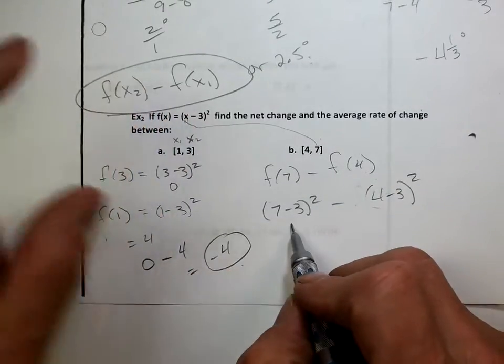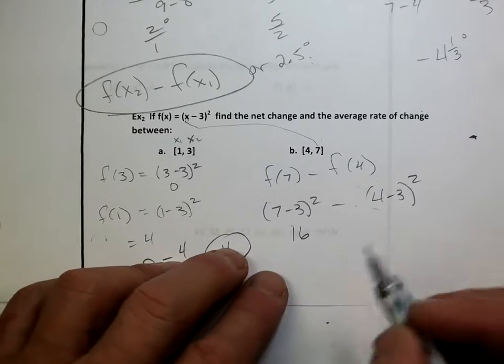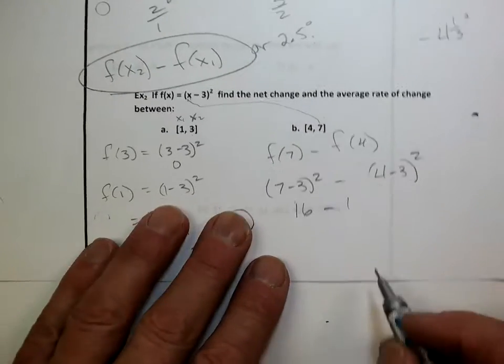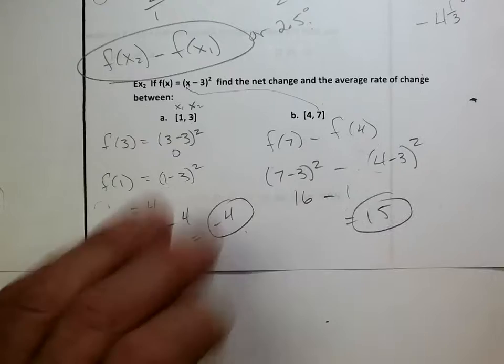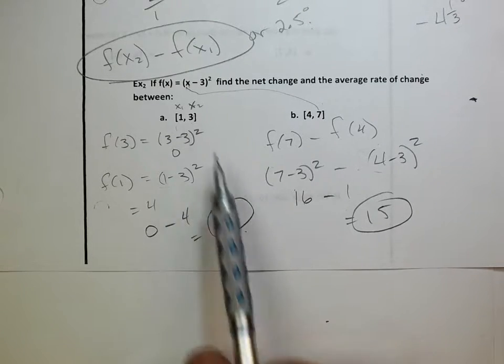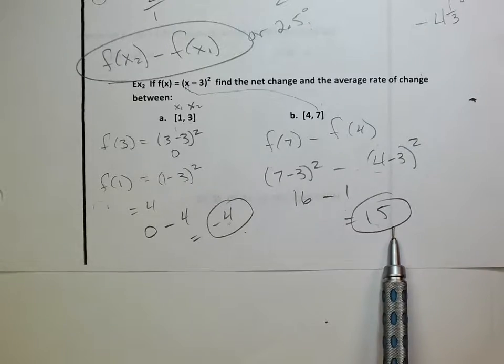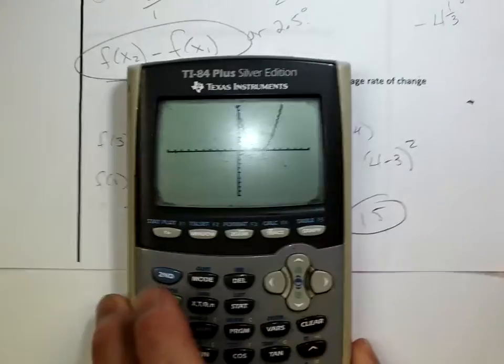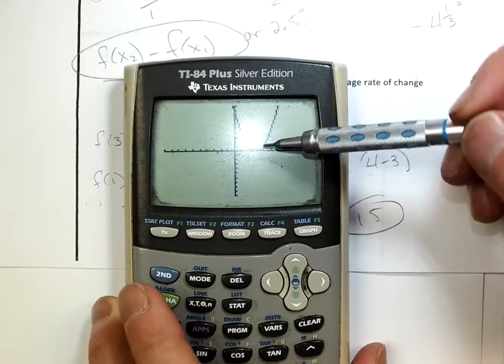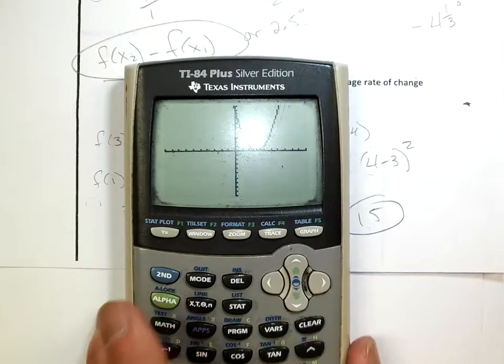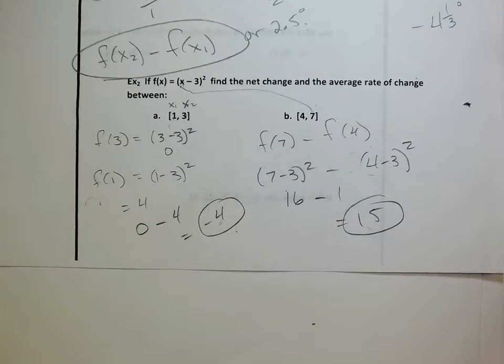So 4 squared is 16, you're right, Alondra, minus 1, which is 15, right? So from 1 to 3 it dropped 4, but from 4 to 7 it raised itself 15. In fact, if we look at the graph, it makes sense. We're going down in the first interval. Second interval, we're going up by quite a bit, okay? Easy? Thumbs up? Okay, that's not bad, okay?